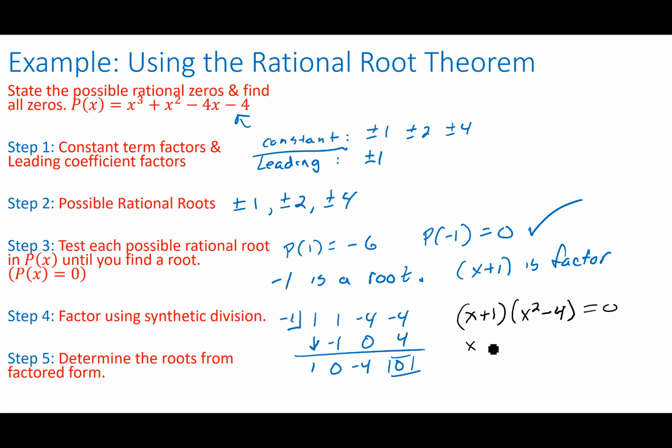So I know then -1 is a 0, which I've already confirmed. x squared minus 4, this is x squared equals 4. So x is plus or minus the square root of 4. So therefore, x is plus or minus 2.